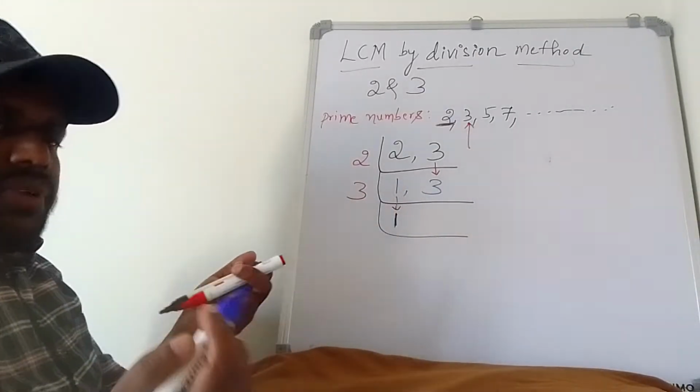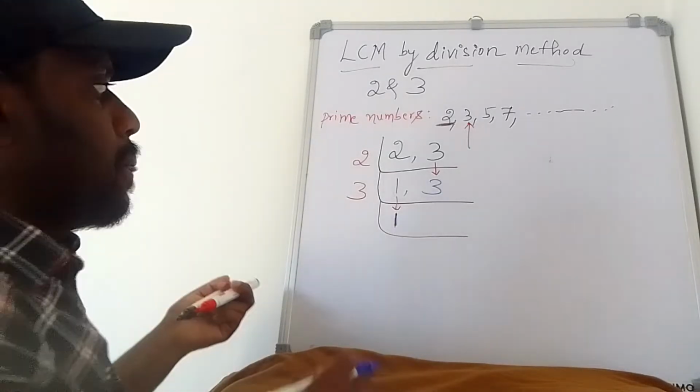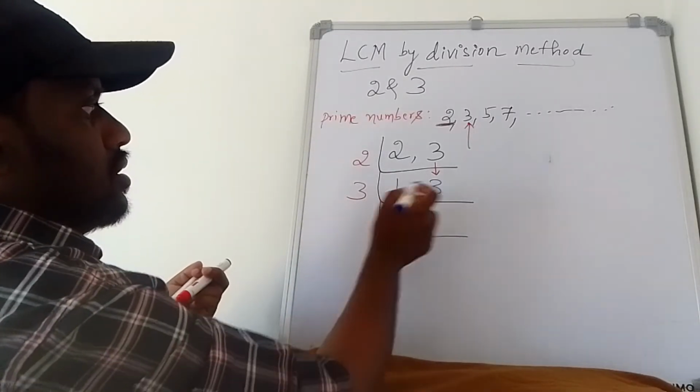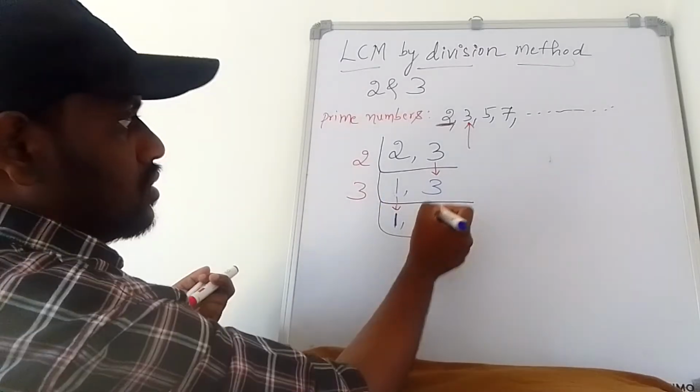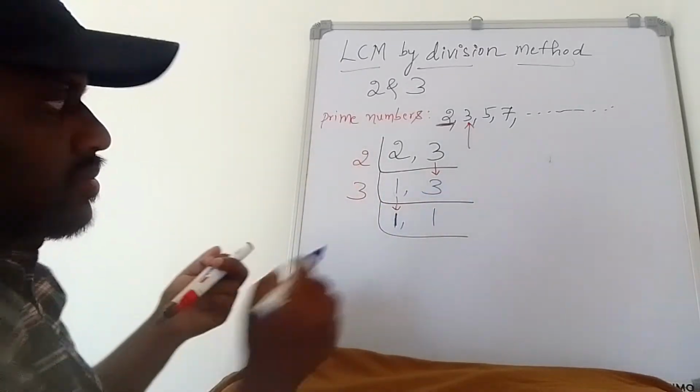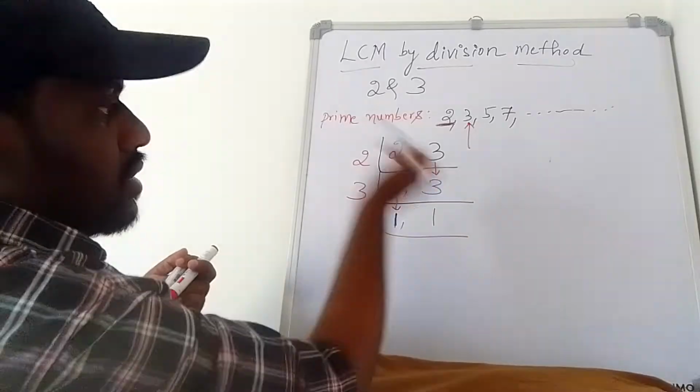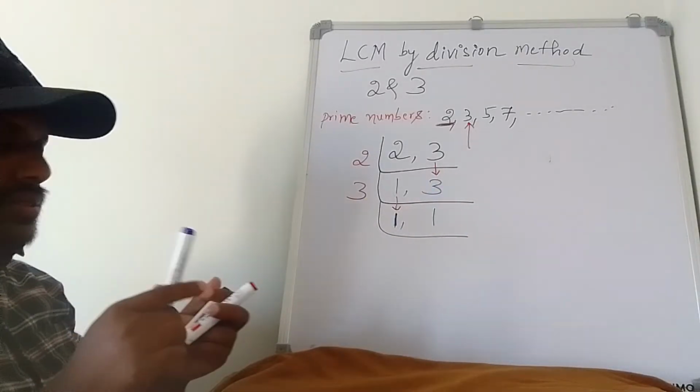I am just using different colors to make you understand. Next, this 3 can be divided by this 3 completely. How? 3 ones are 3.